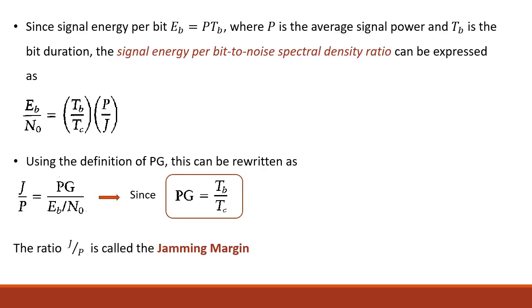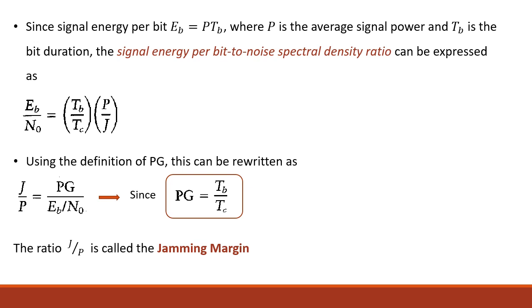Since the signal energy per bit EB is equal to P times TB, where P is the average signal power and TB is the bit duration, the signal energy per bit to noise spectral density ratio can be written as EB by N naught, and this will be equal to TB by TC into P by J. Here we have substituted for EB as P TB and N naught as J TC as in the previous slide.